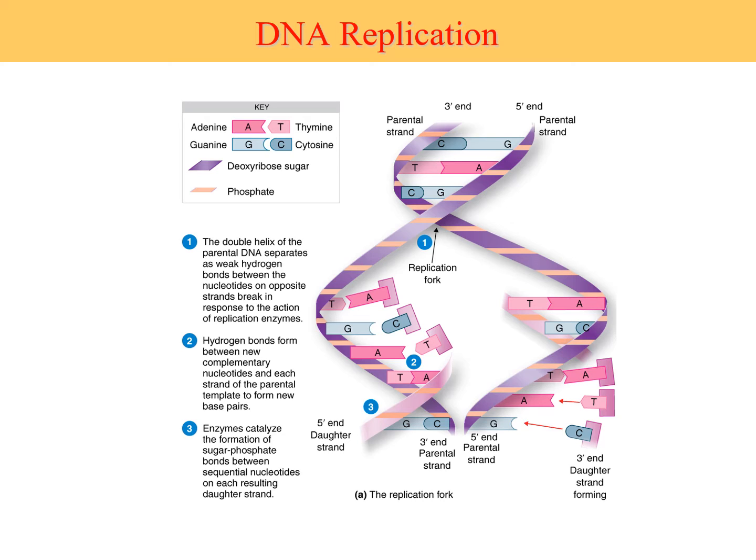So it's looking just at a short region of the DNA, and this part is undergoing replication, where the two parental strands are shown here and here, unwinding at one point, and a new daughter strand complementary to the parental strand is made on either side. There's a new daughter strand being made here and another one being made here.